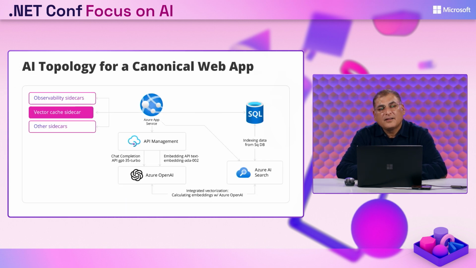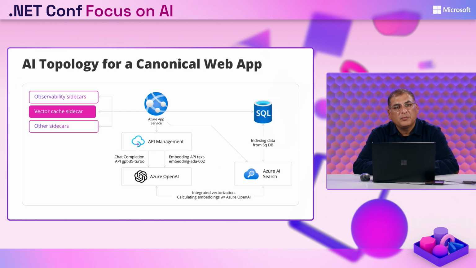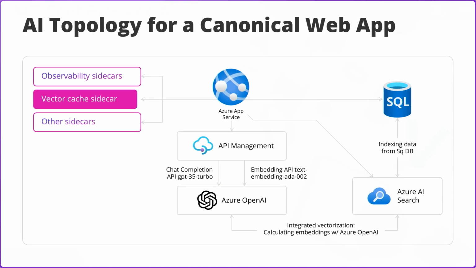Again, here is a quick view into the topology before I go ahead and showcase the code and the web application. This is a .NET web app. I'm introducing Gen AI features using the .NET SDK for OpenAI.